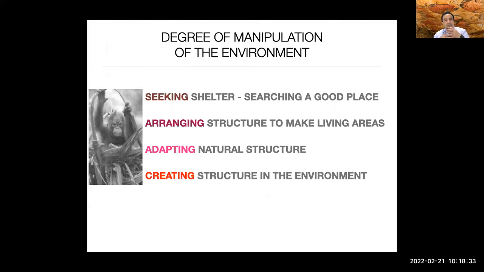This ability of seeking shelter, seeking food, arranging structure to make a living area, or adapting natural structure to fit their need is the ability of an instinctive builder. But humans can create structure in the environment, right? We can use the materials and create, mimic, imitate the nature, right?